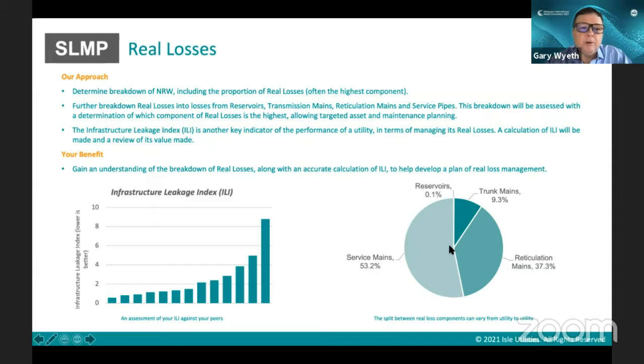And this was a problem, a couple of problems really. One was the pipe material they were using for their service mains. They originally started with PE50, then they started on PE80, and they found that both of those materials were not strong enough for their system. So they've now started to change to PE 100.